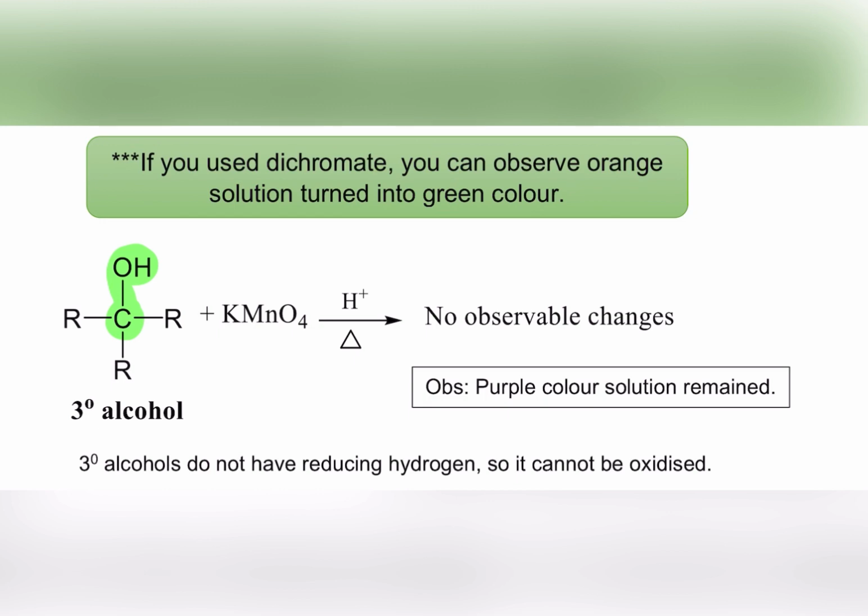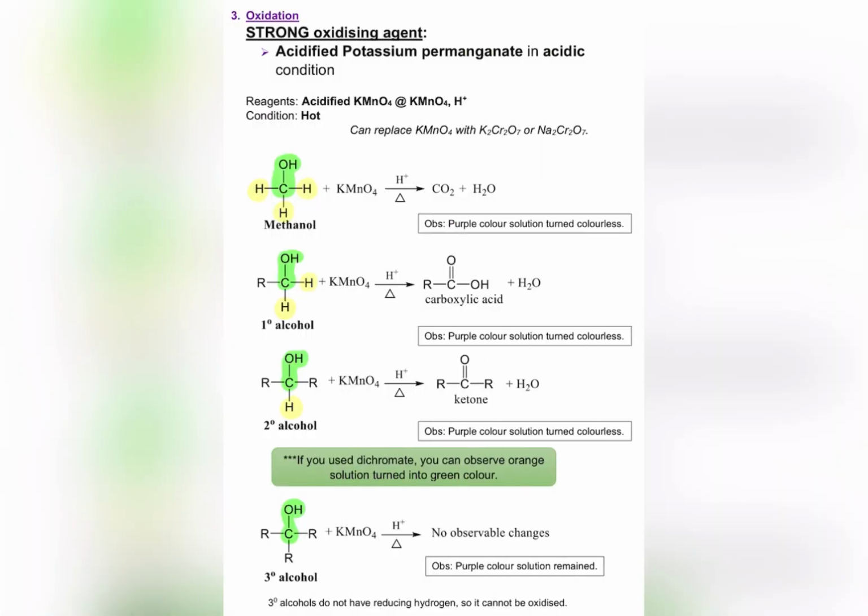This is due to the absence of reducing hydrogen. And for the observation, the purple color solution remains. So these all are the oxidation reactions for alcohols based on different classes: primary, secondary, and tertiary alcohols.